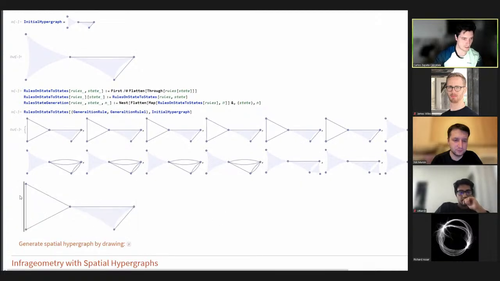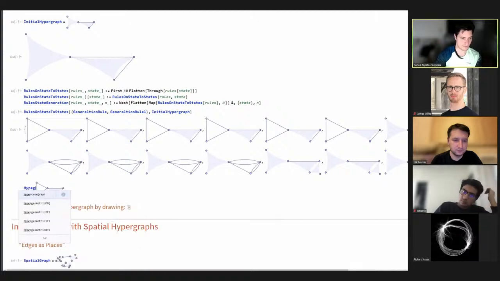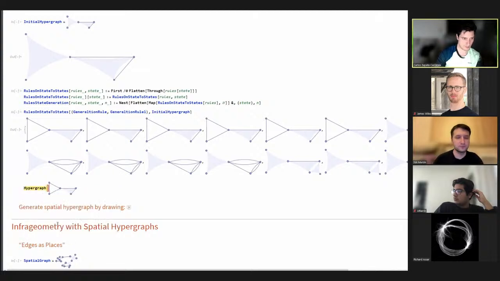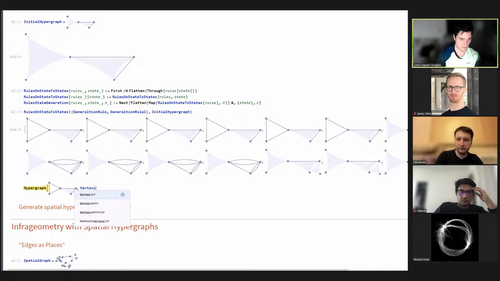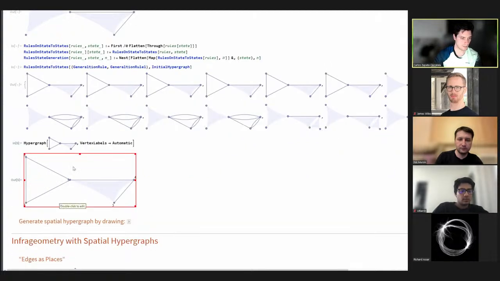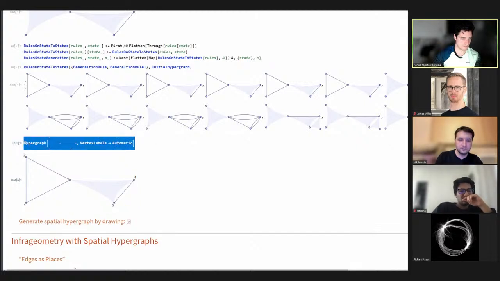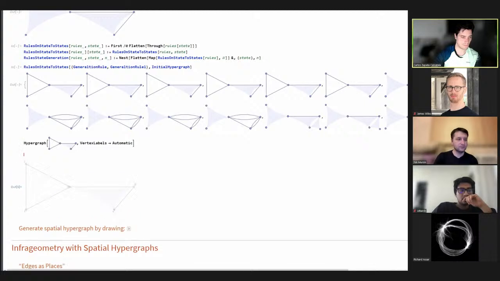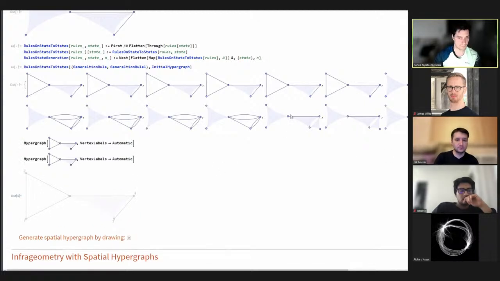So, for example, if I take this one and I show the vertex labels. And I do the same thing with, whatever, this one, for example.